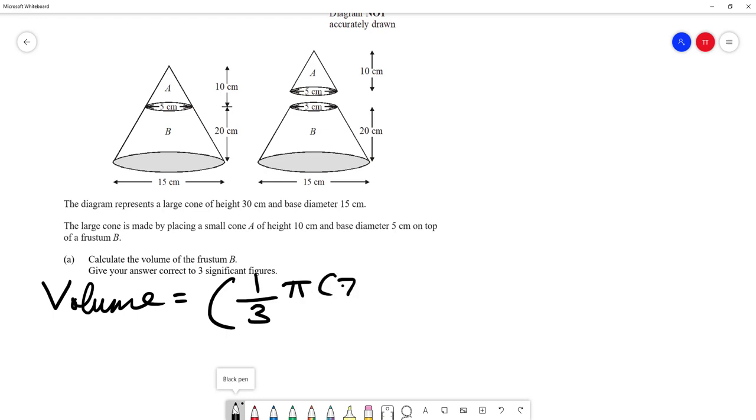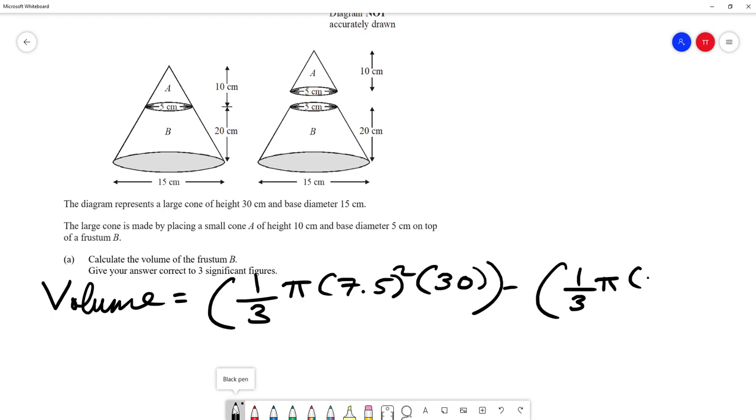Be careful, it's 7.5 because it's half of 15, squared, times the perpendicular height, which is 30, minus 1/3 pi times the radius of the smaller cone, which is 2.5, squared, times the perpendicular height, which is 10.